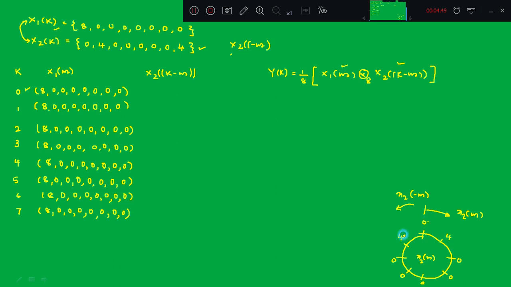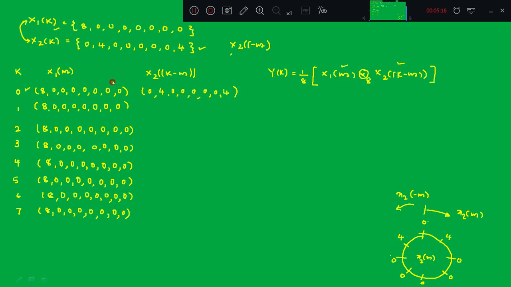So it is 0, 4, 0, 0, 0, 0, 0, 4. That is 8 samples. Next you have to multiply these two.